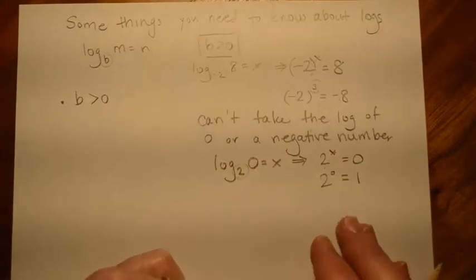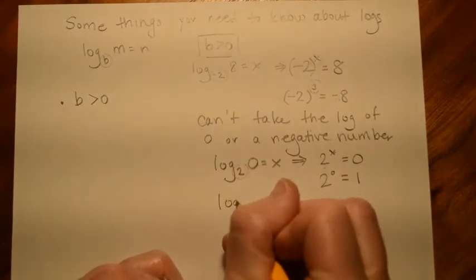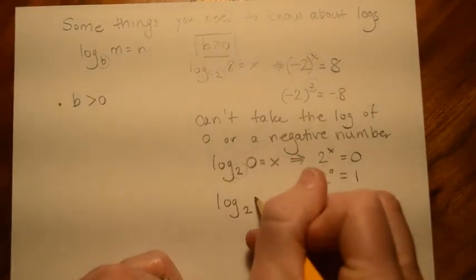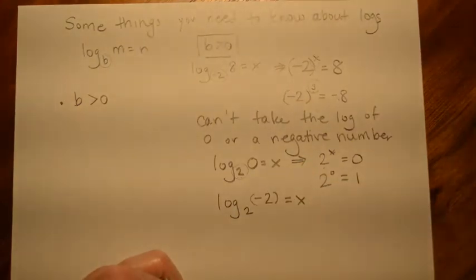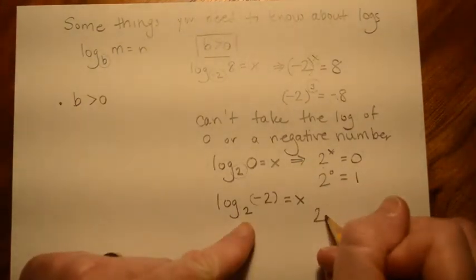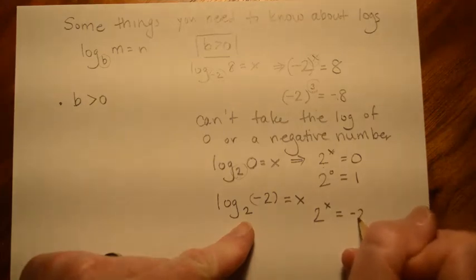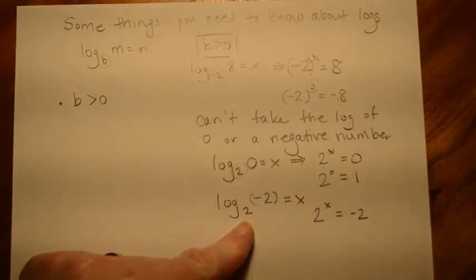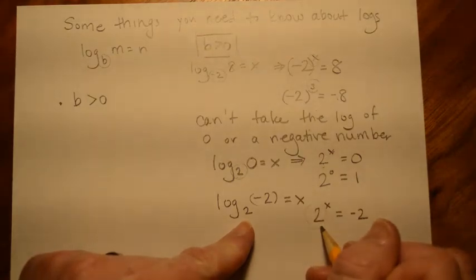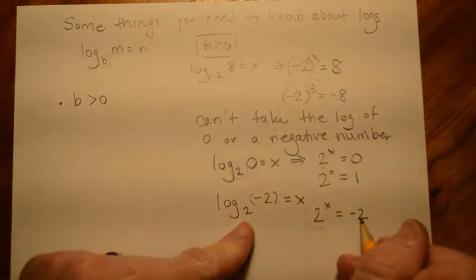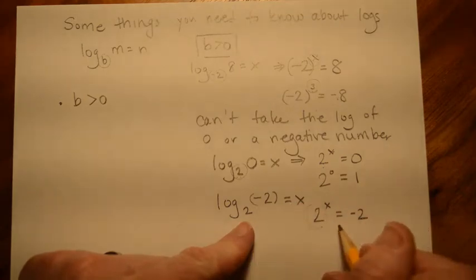The second one is I can't take log of a negative number. So let's say I had log base 2 of -2 equals some number. So that's saying 2 to what power equals -2? Well, again, there is no way I can multiply only positive numbers together and get a negative number. So that just doesn't work.